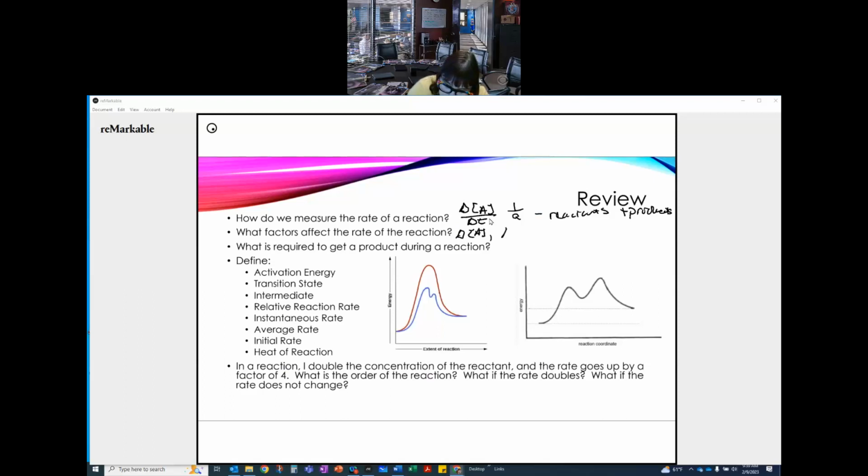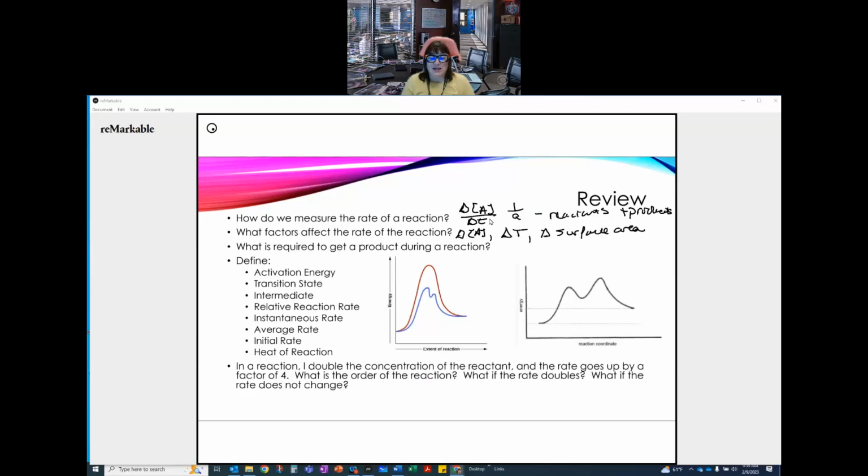We can look at changing temperature, and we can look at changing surface area. Okay, so those are things that we consider when we look at what can affect the rate of that reaction. So there are some other things that we can talk about, like adding a catalyst, stuff like that, but those are the big things that stand out in my head. And if they stand out in my head, you might want to know about them.